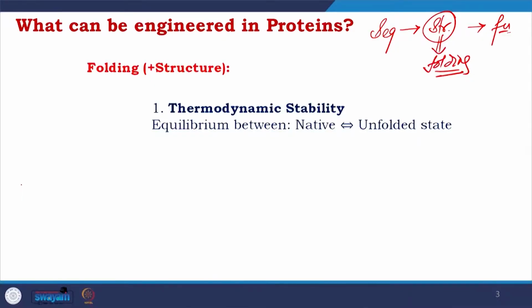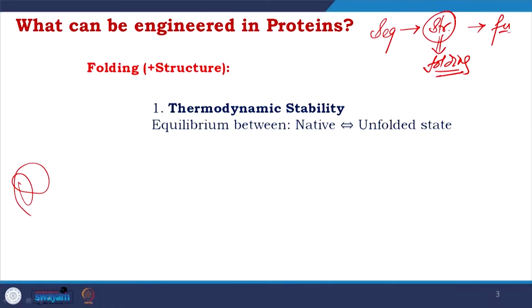Thermodynamic stability deals with the native and unfolded state. If you remember, in the last module on MD simulation, we discussed the opening of a protein, which means the folded state going to the unfolded state. The folded state we could also call the native state.